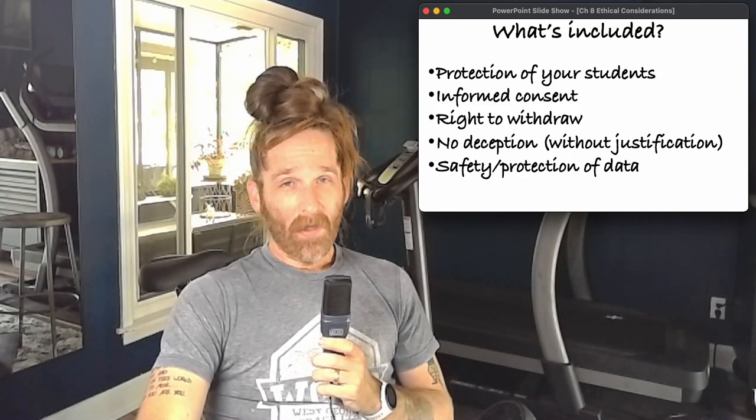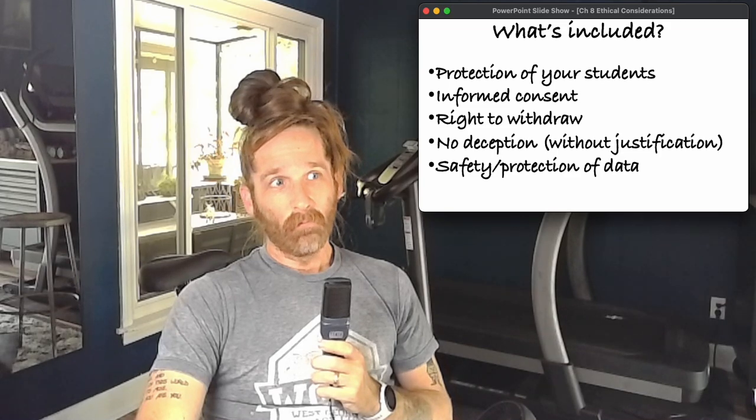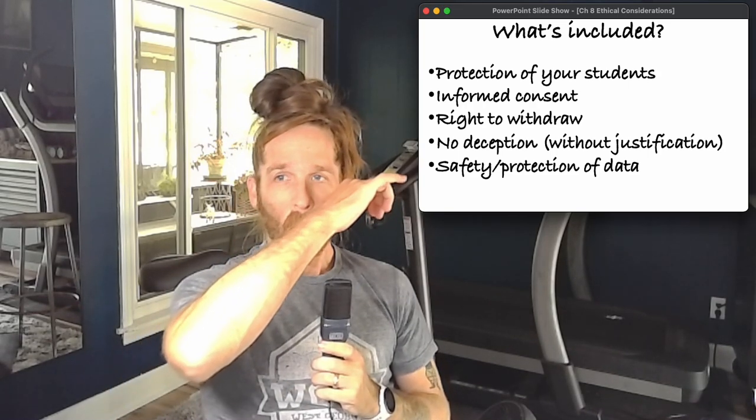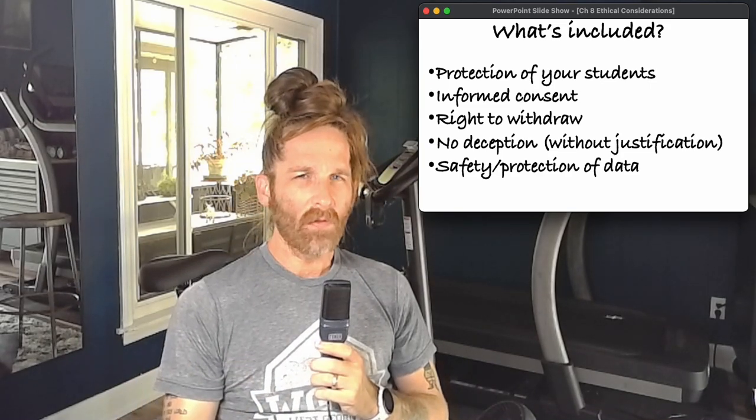Also, in the history of primarily social psychology, deception was used. So in the classroom, you might have an activity that does one thing, but really you're testing something else. And so maybe you're deliberately deceiving them in order to test what their natural reaction might be.